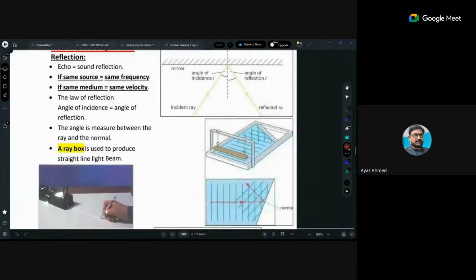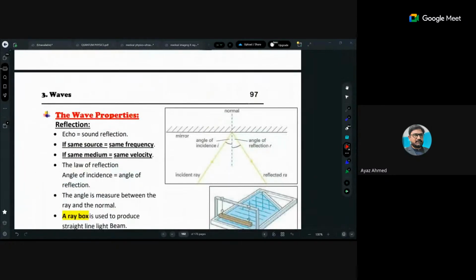So that means that we are at the last phase of the waves, that is water waves. Actually in water waves we have some properties of the waves.